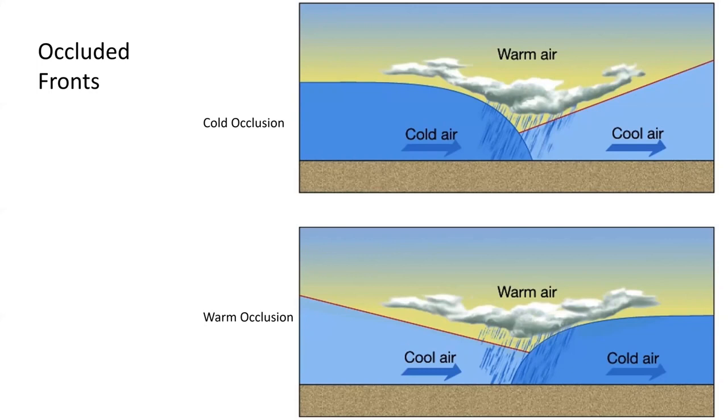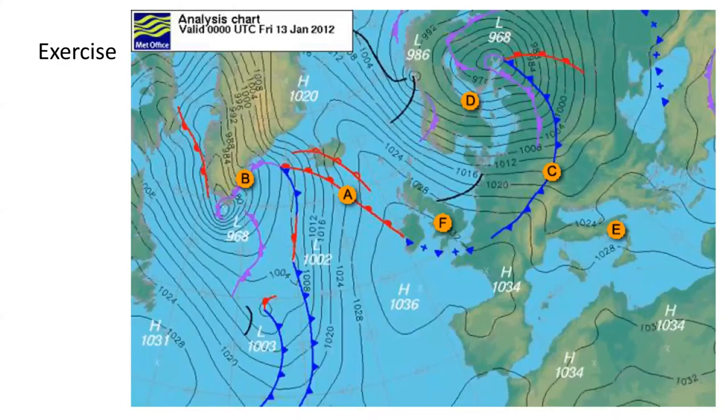If the one catching up is cool, but the one in front is colder, it's a warm occlusion. The weather's the same either way. It just pushes the warm air up and spreads out the rain. So, get your umbrella. But I don't know what causes one or the other. And all of this is given to us in a synoptic chart.